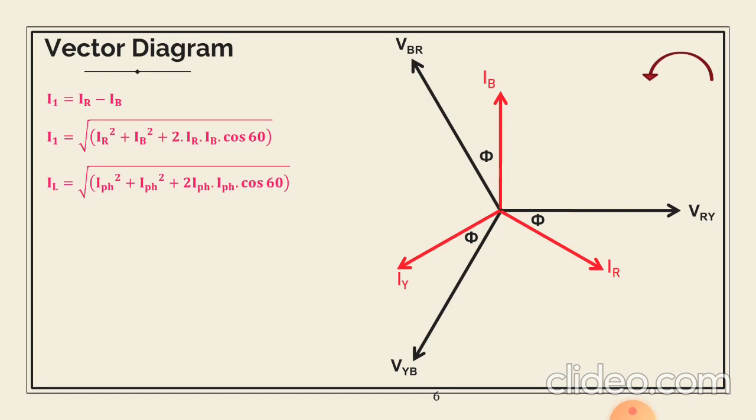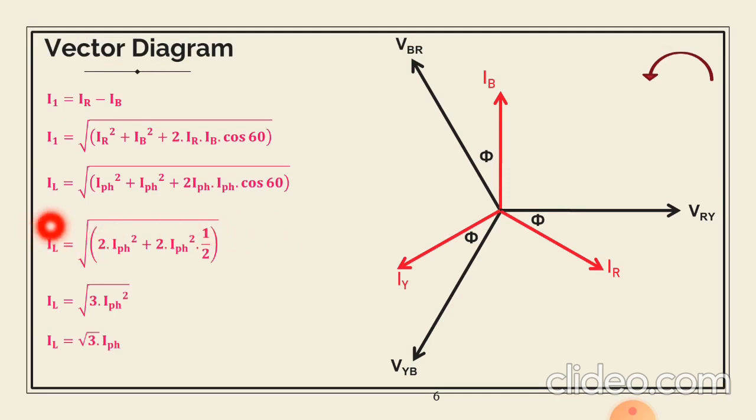Therefore, commonly I will call this a phase current, I phase. You can cancel 2, and the I1, I2, I3 are also equal in magnitude, so commonly I will call it IL. So finally, IL is root 3 I phase.